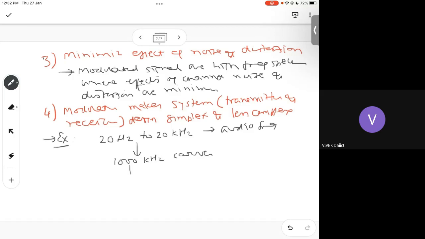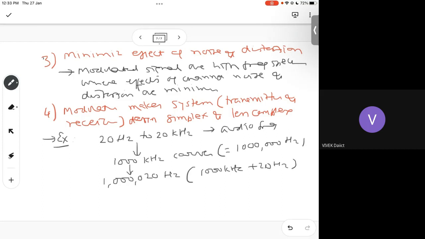Then, as we will see later on, but just for your understanding right now, I will get a signal of 1020 hertz, which is basically how it comes: 1000 kilohertz plus 20 hertz.